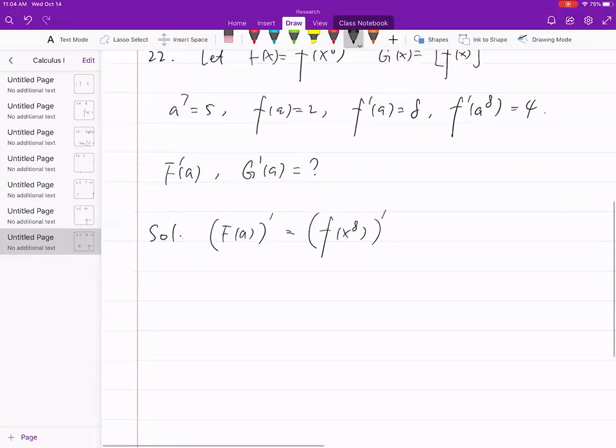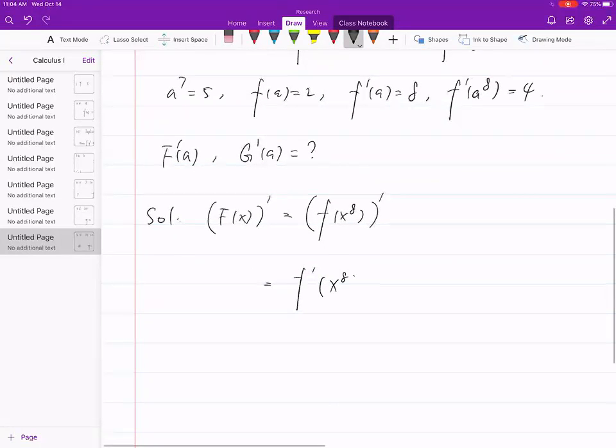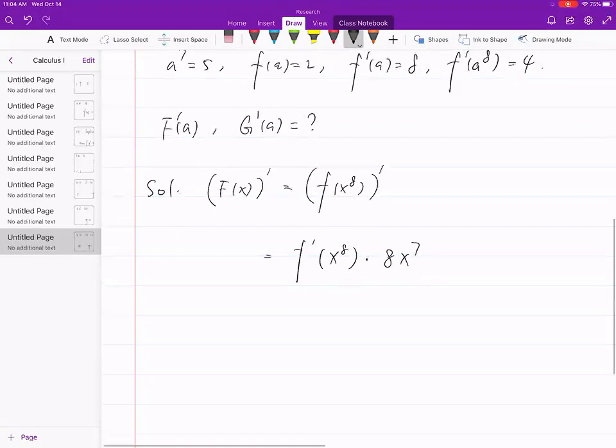By the chain rule, first you should do f prime, keep x to the a. Times the derivative of the x to the 8, which is this. Okay, so now you just need to put this one in.